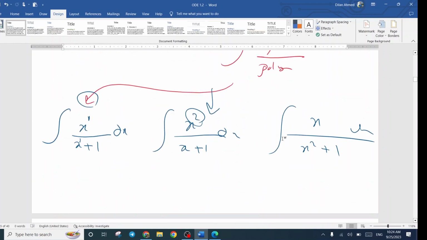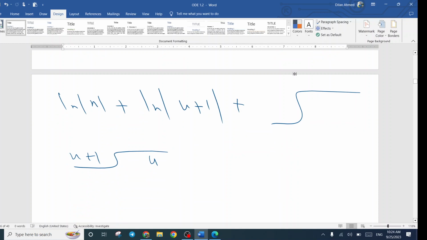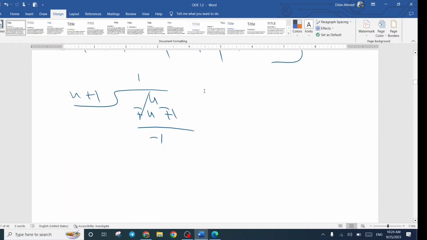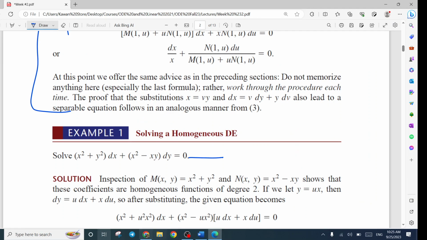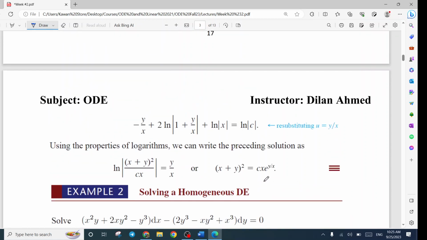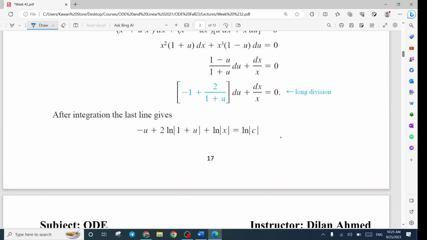Let me check. Yes, u plus 1, same thing. So 1 from u plus 1, and minus 1 remains. So what remains is u plus 1 over u, 1 plus 1 over u. The integral gives u plus ln of u plus 1. After the solution you'll get 2 ln.